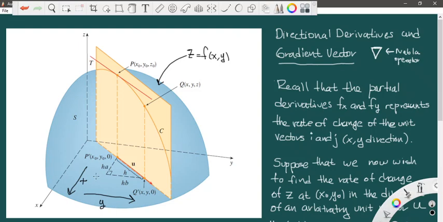What if we need some other direction like this? This is, let's say, a certain amount of x plus a certain amount of y, because it's not only x and it is not only y.